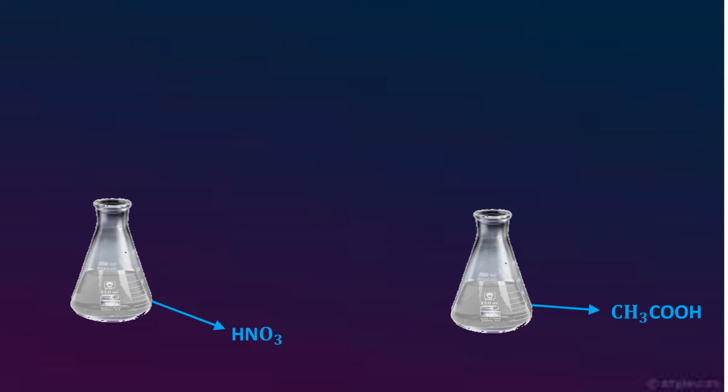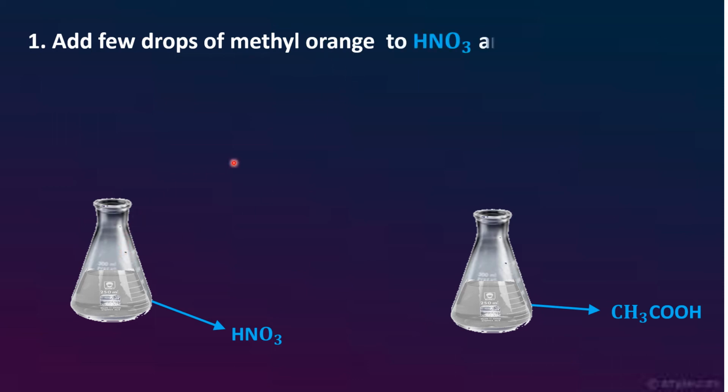Okay, now we'll test these two solutions, that is nitric acid solution and acetic acid solution with methyl orange. So we'll add few drops of methyl orange to both the solutions, and let us see whether we find any change or not.